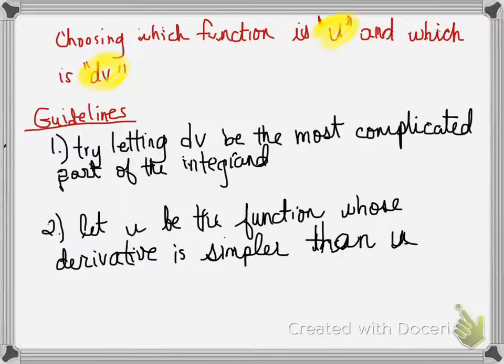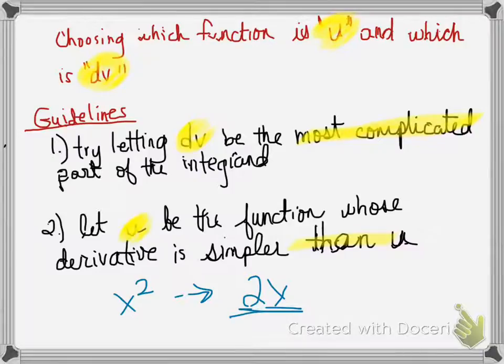We're going to let dv be the most complicated part of the integrand, and let u be the function whose derivative is simpler than u. For example, the derivative of x squared is 2x, so 2x is simpler than x squared.